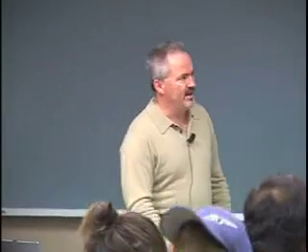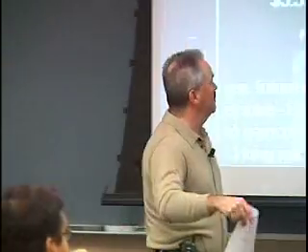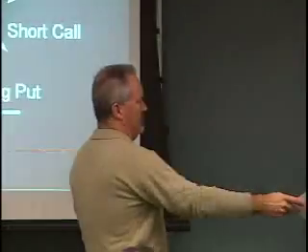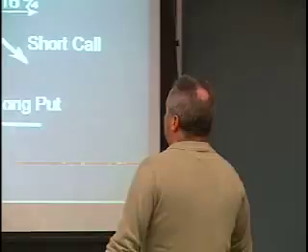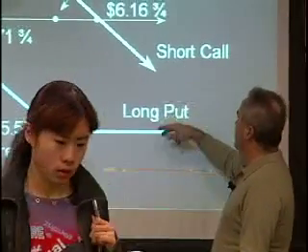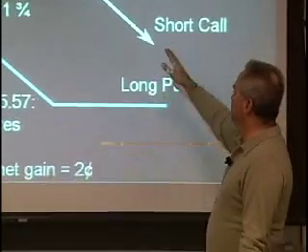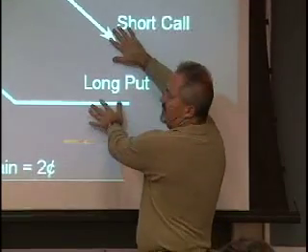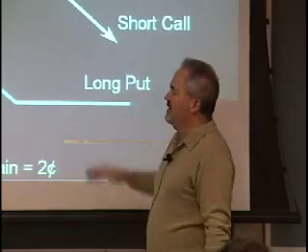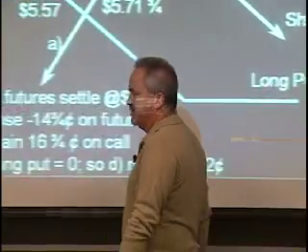And the example I gave was selling a call, buying a put, and we sort of ended with the discussion that, if you look at these two payoff charts and add them together, it almost looks like it would be a short futures position. So it would make sense to combine those two with a long futures if, in fact, they're creating a short futures. If you combine them with a long futures, then you have a totally arbitraged position.